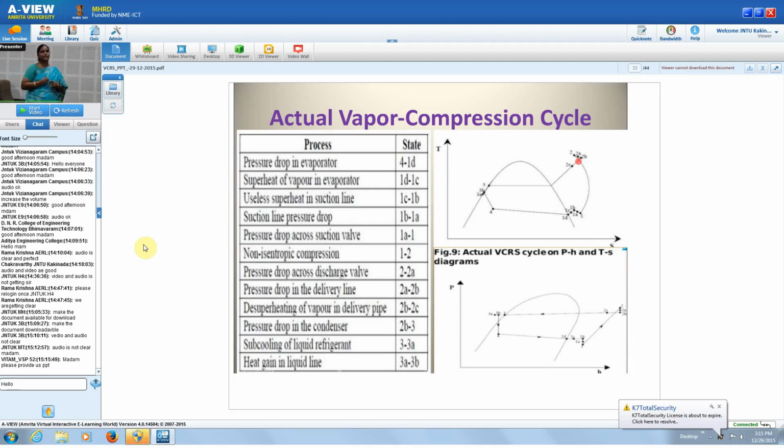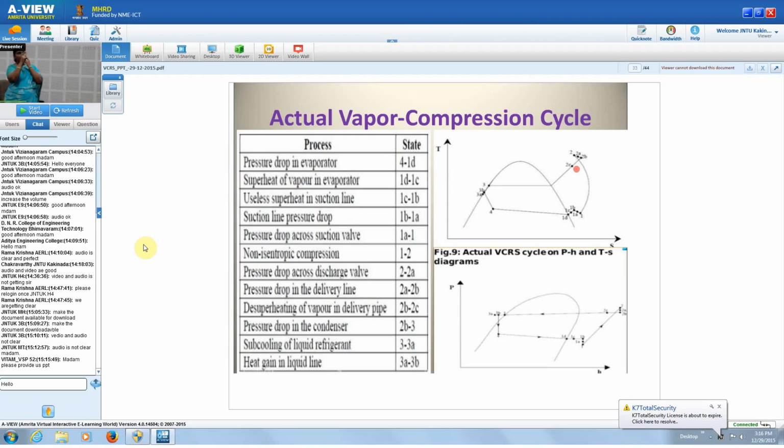And again from 2A to 2B, there is a pressure drop in the discharge line. Then from 2B to 2C, that is de-superheating of the vapor in the delivery line or the discharge pipeline.